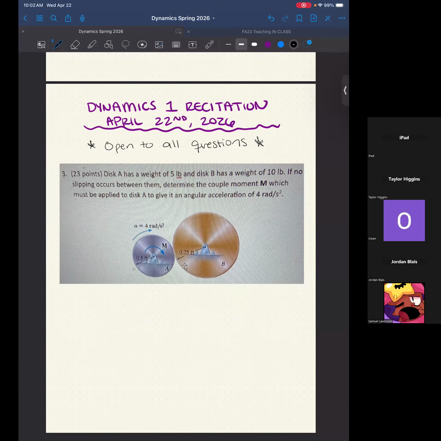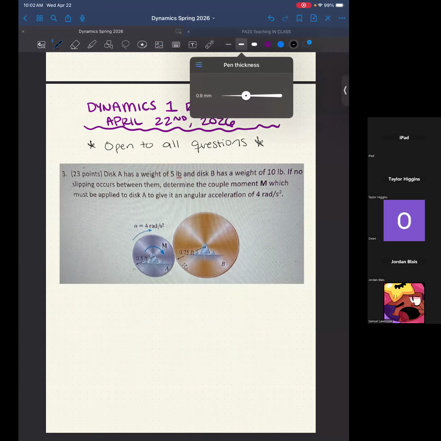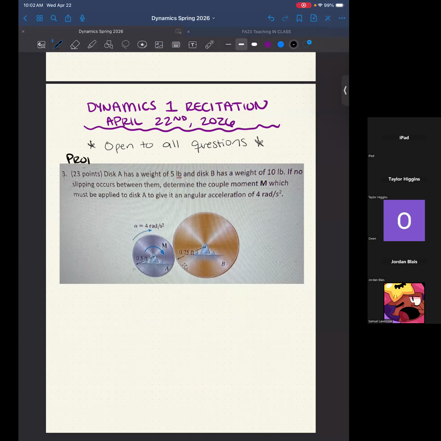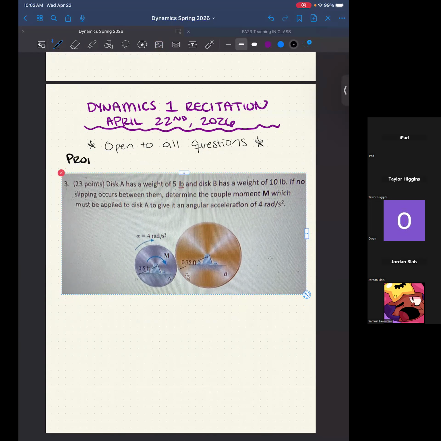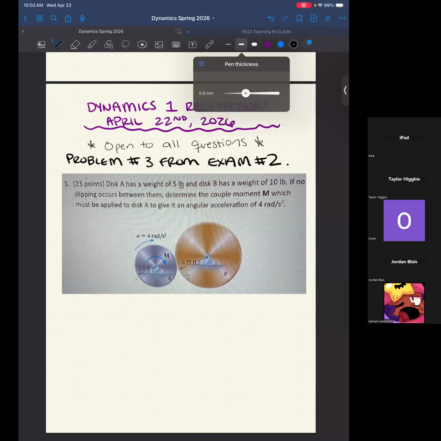Okay, so this is problem 3 from exam 2. All right, disc A has a weight of 5 pounds. I'm going to go ahead and do my knowns while I read this.